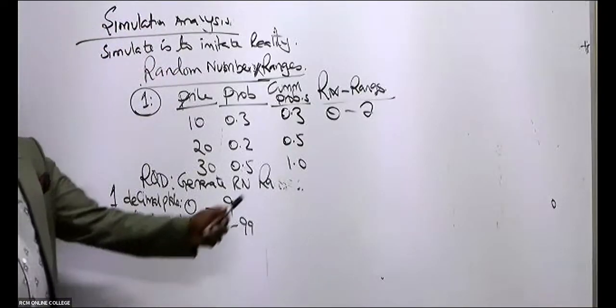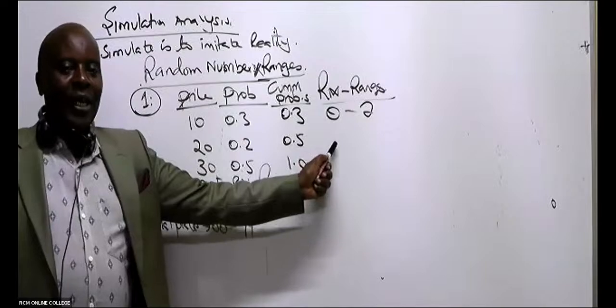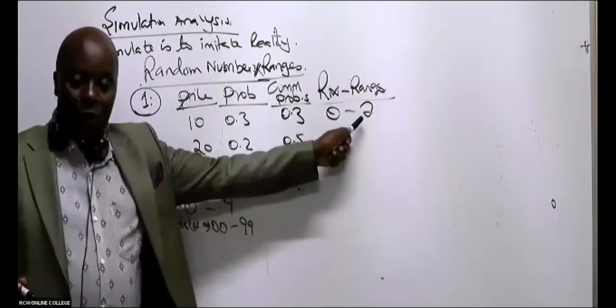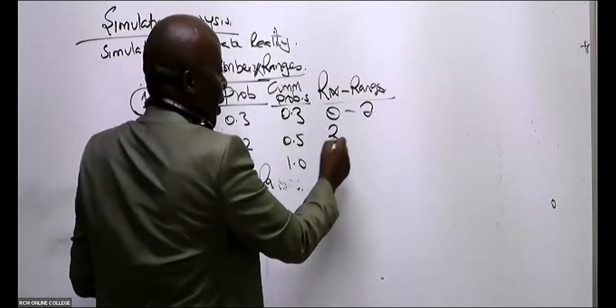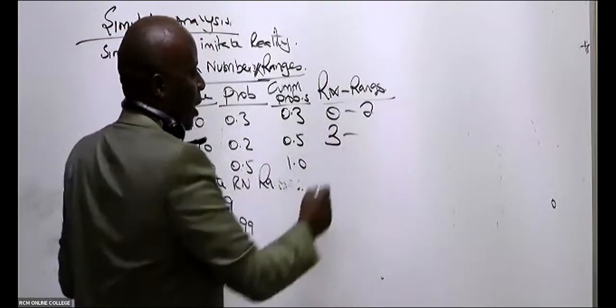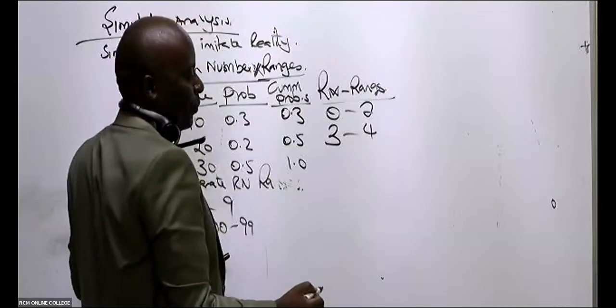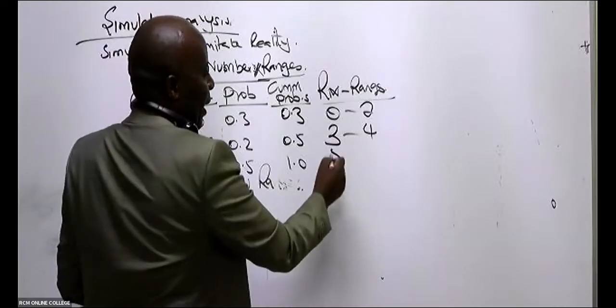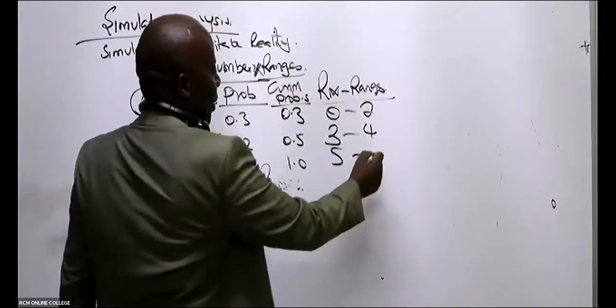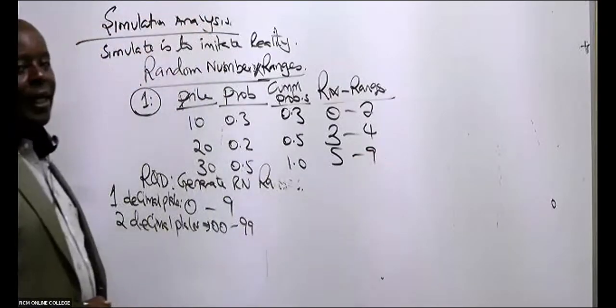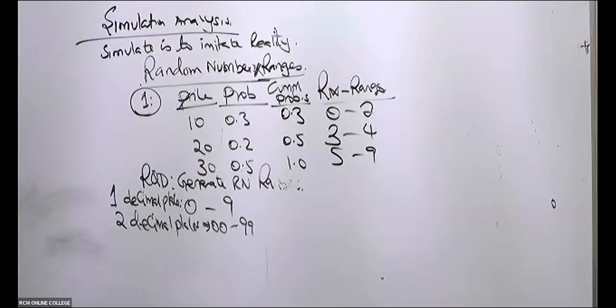I can't begin from 2. No. I'll begin from the next number after 2 on the number line, which is 3. So 3 all the way to 5 minus 1, which gives me 4. The next number after 4 is 5, all the way to 10 minus 1, which gives me 9. Great. So that's exercise number 1.